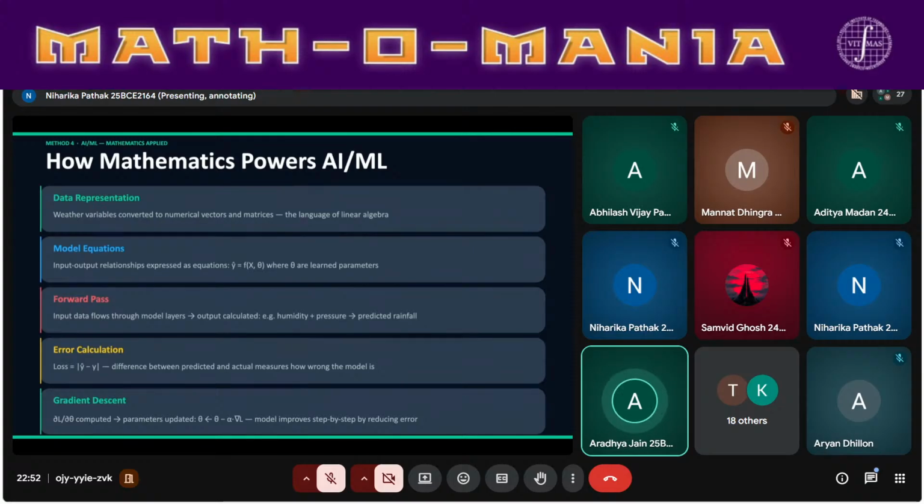So y cap is the actual measure and y is the predicted measure. This is the loss function we have, and it tells us how wrong the model is.